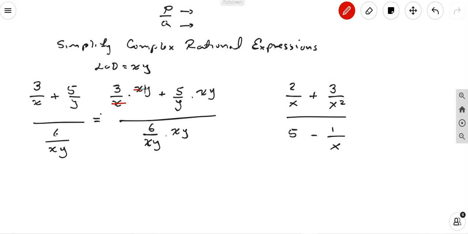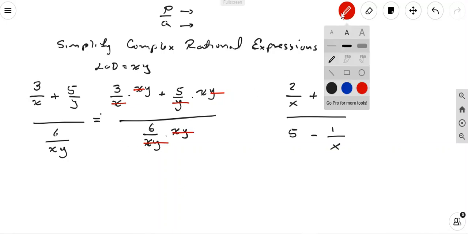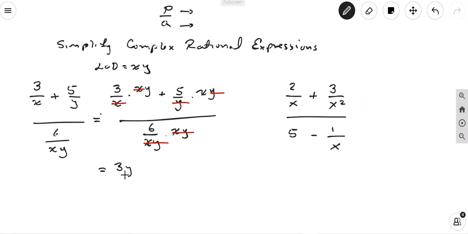You simplify the x here, simplify the y's here, simplify the xy with the xy. So now you get 3y plus 5x over 6. So when you simplify the given complex rational expression, this is the result that we obtain.